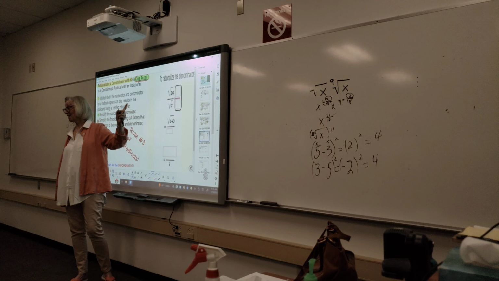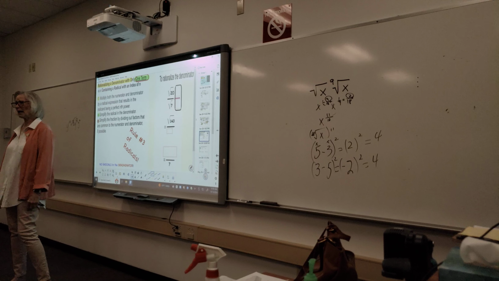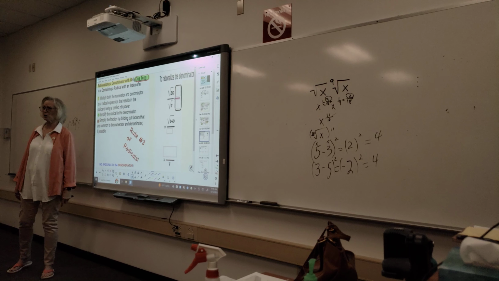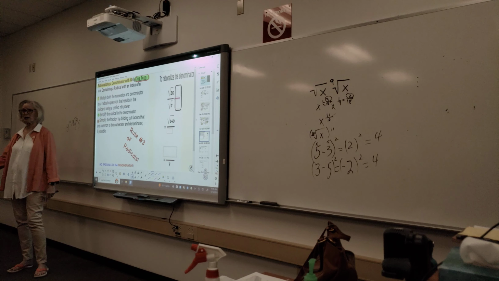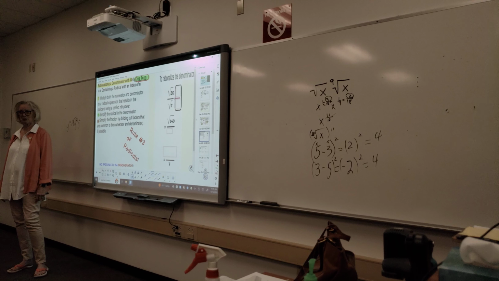Did you notice that? It was always on that yellow sheet, because I hadn't gone over rule number 3. Rule number 3 says radical 7's on the bottom, and rule number 3 says you can't have a house on the first floor of a 2-story condo apartment. The water's gonna come in.